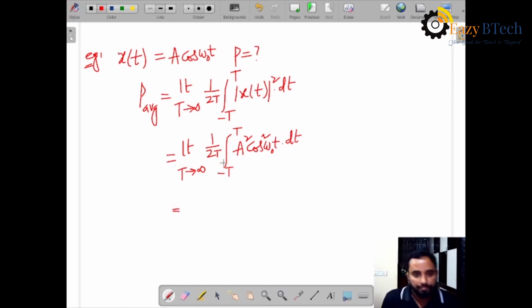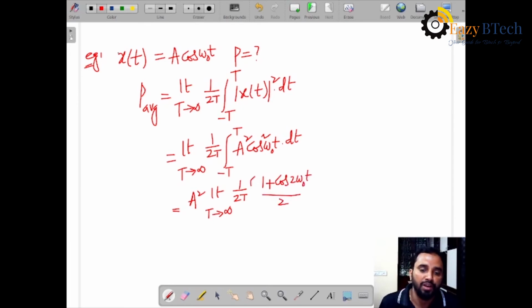So A square we can write outside the integral. So limit T tends to infinity 1 by 2T, cos square theta we can write as 1 plus cos 2 theta by 2. So I am doing that: 1 plus cos 2 omega naught t by 2 and integration minus T to plus T dt.